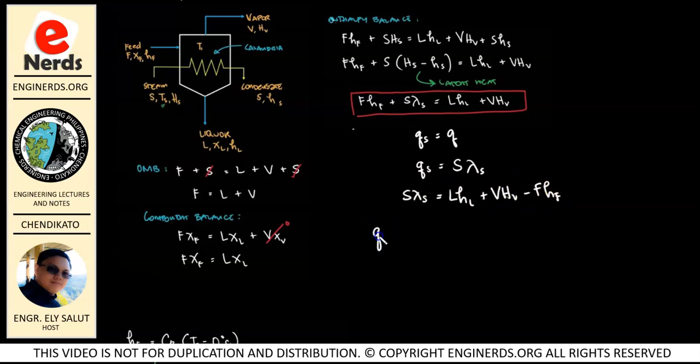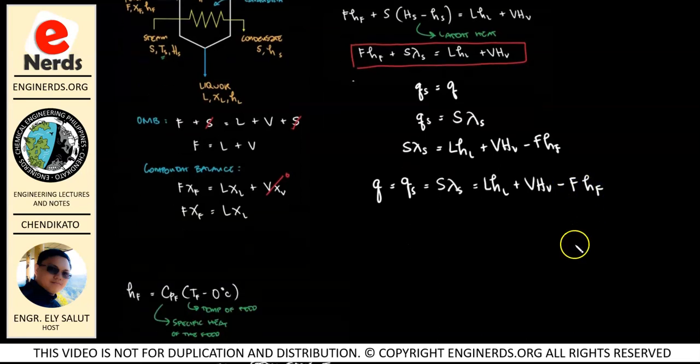So, therefore, we have here as Q, which is equal to QS, okay, the heat in our steam, which is equal to S lambda S, and this is equal to LHL plus VHV minus FHF. Okay, so this is the equation that we will be working on.